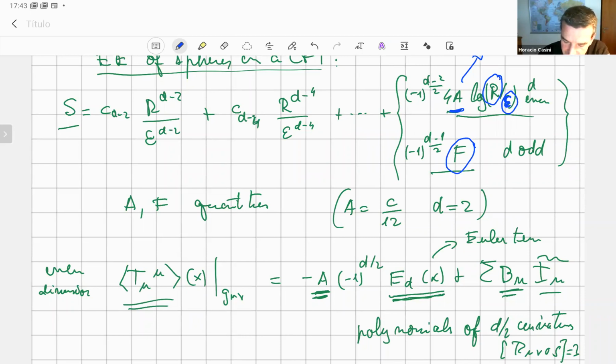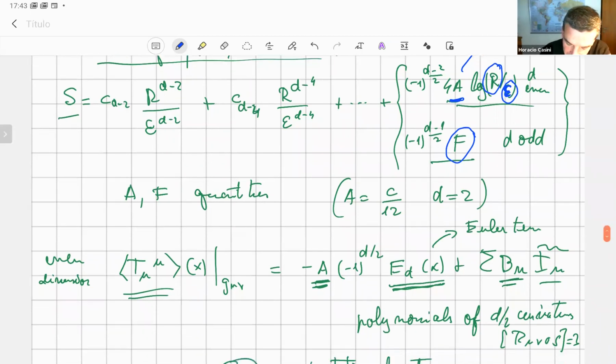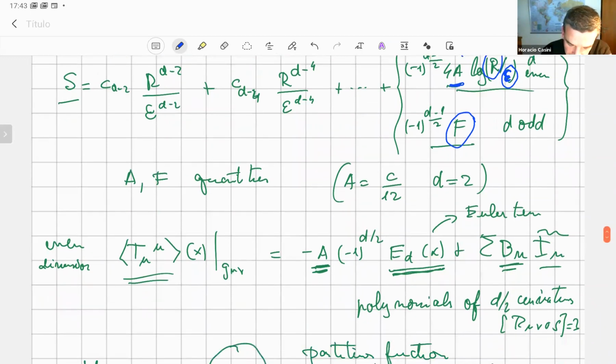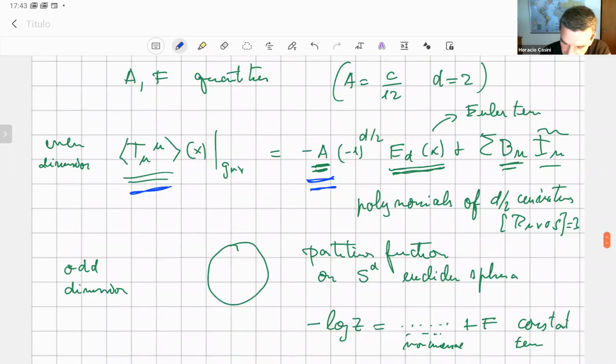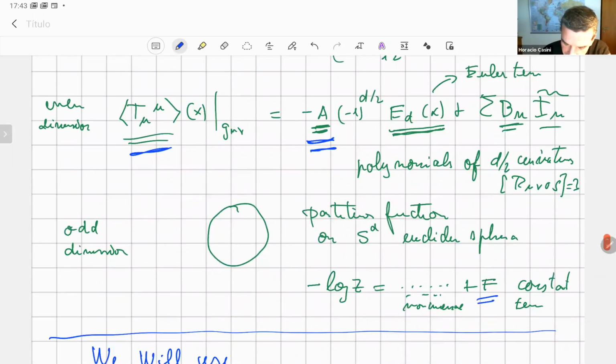So this is the reason why one is given by an anomaly that you can obtain by expectation value of the stress tensor in a manifold, but you can also obtain the same number from the three-point function of the stress tensor, for example. It's related to correlators. While this F thing, you need something global for this.